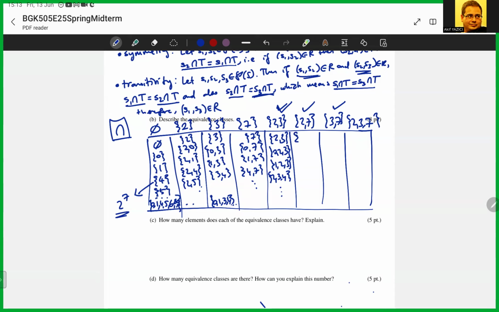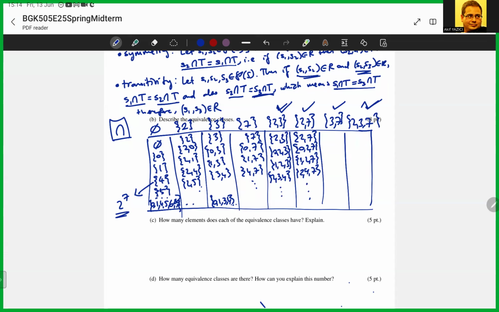Here you will have 2, 7. You can't have 2, 3, 7. That will be elsewhere. But you will have 0, 2, 7, 1, 2, 7, 2, 4, 7. 2, 3, 7 you have to skip, it will go elsewhere, and so on. And 3, 7, 2, 3, 7 again.